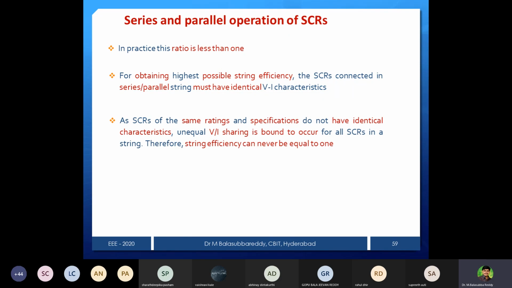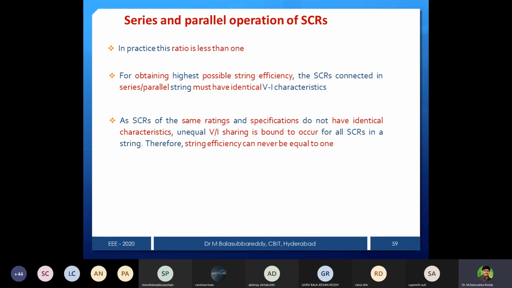If characteristics are different, what will happen to the current sharing or the voltage sharing? Let us assume two SCRs are in parallel or two SCRs are in series. If the current sharing is not equal, what mechanism do we need to make the current sharing the same? Similarly for voltage sharing.